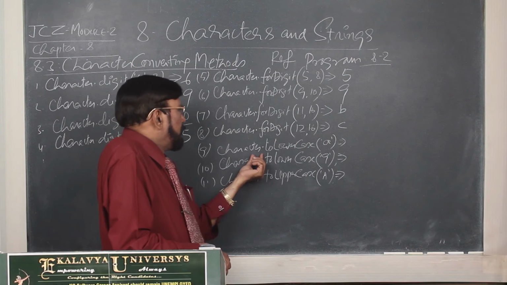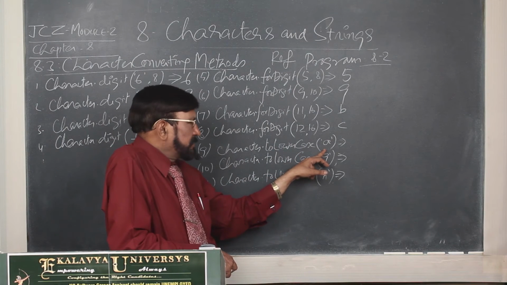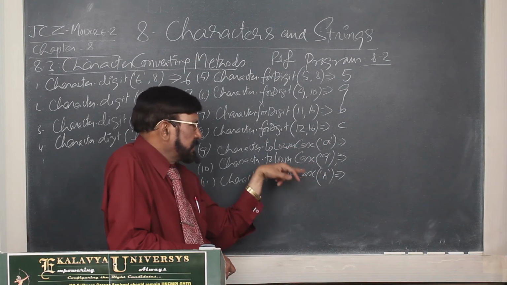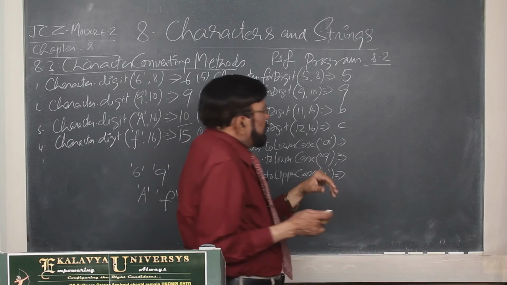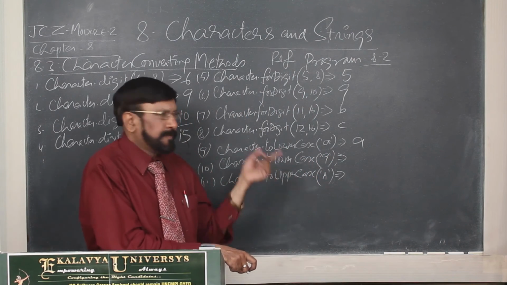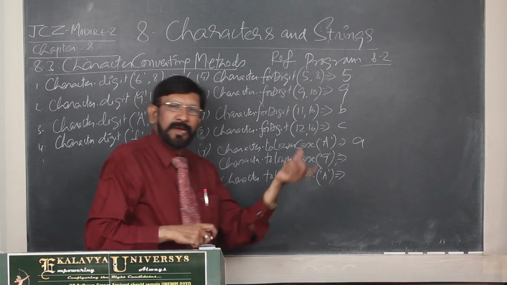Next, 2 lowercase a. Actually here lowercase character only we have given, we are asking it to convert into lowercase, then the same character is printed, no error will come. If you give uppercase, then it is automatically converted.